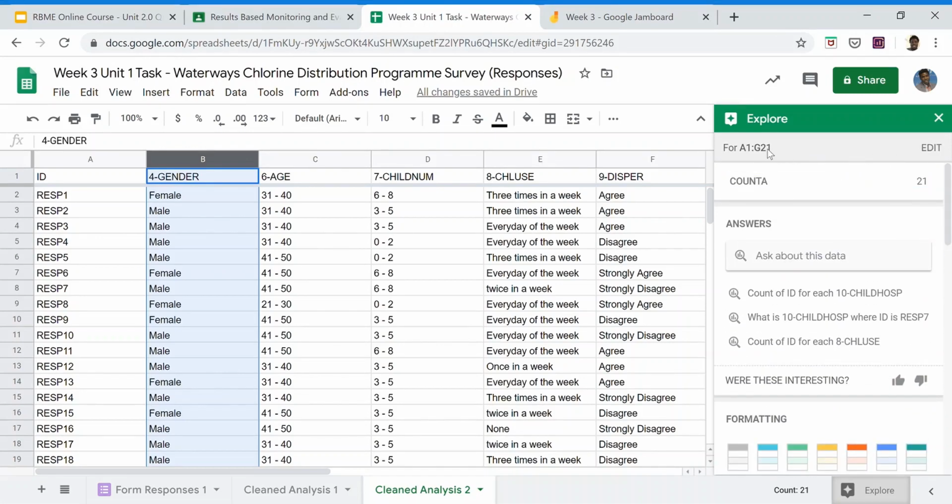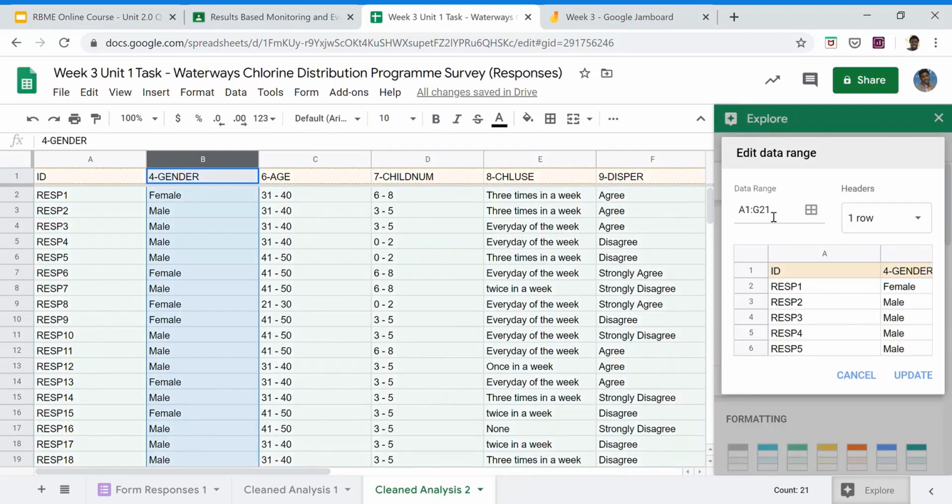I can just edit this and say A2, right? So it's trying to cover all the rows to G21. So you see G21, the rows and the columns.